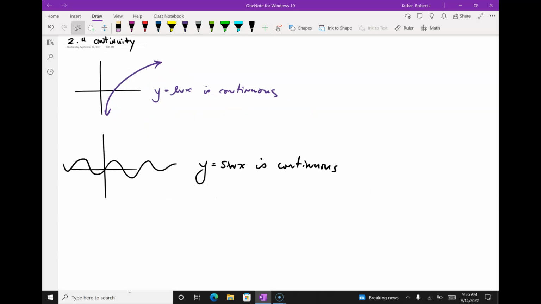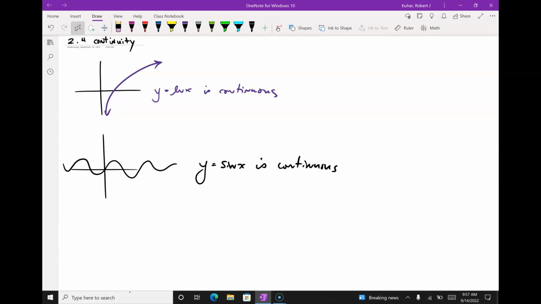What do you think? What's your gut say? On either the y or x axis, then you never have a point where you don't have a value, and it's continuous. I like that. It's all we need is that second half. If I've got no point, if I have no point removed from any part of my graph, it's continuous.